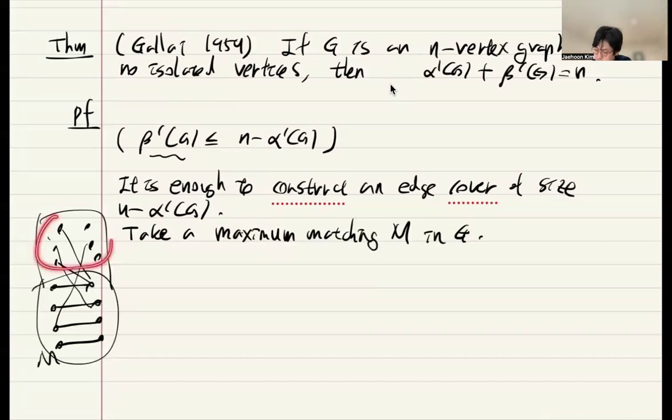But one thing for sure is that there are no edges between here. If there is an edge here, then we might add it to M to obtain a bigger matching.